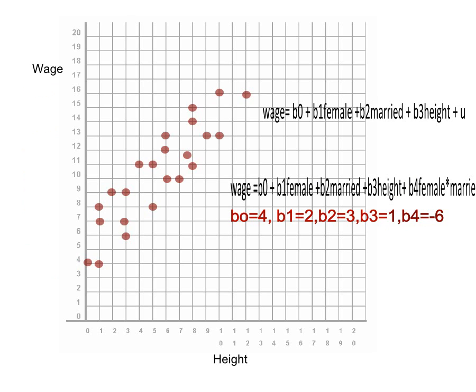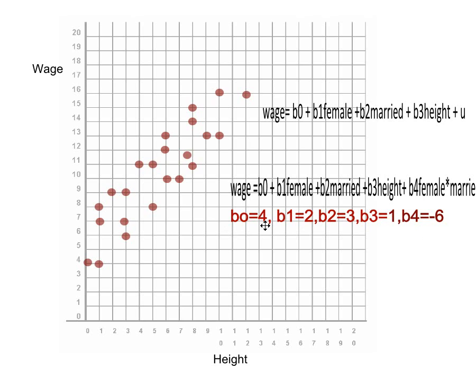Okay, let's start by assuming that we did include the dummy variable interaction term, the female times married, and let's see what each of these dummy variables and slopes and interaction terms are going to tell us about these relationships. And then let's suppose we left it out and imagine what might happen if we do that. And so here are our estimated coefficients.